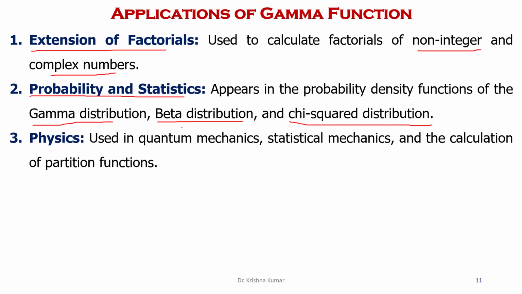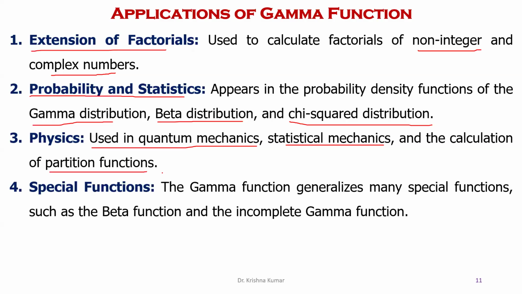The third application is in physics. It is used in quantum mechanics, statistical mechanics, and the calculation of partition functions. The fourth application is in special functions. The gamma function generalizes many special functions such as the beta function and the incomplete gamma function.